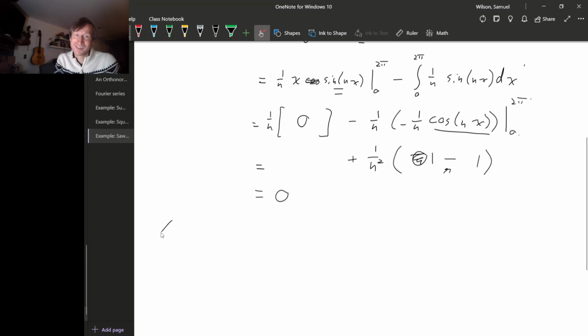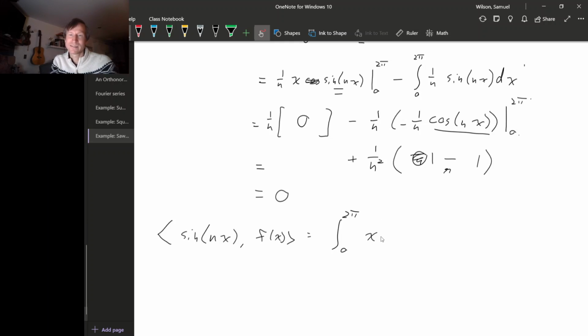So I guess that leaves the sine terms. So let's find the inner product with sine of nx and f of x, which f of x is just x, remember. So this is the integral from 0 to 2 pi of x sine nx dx.